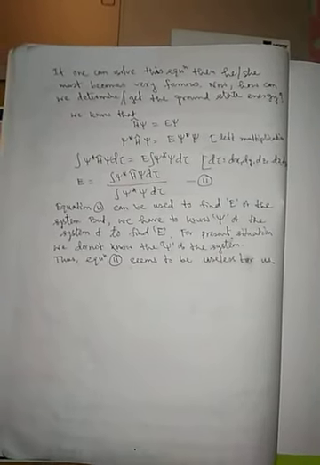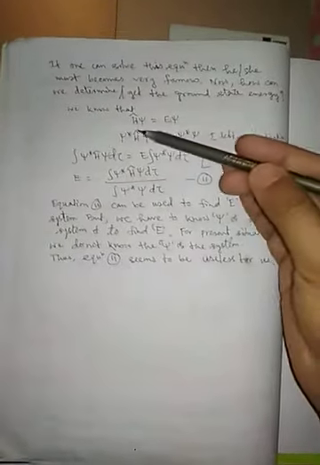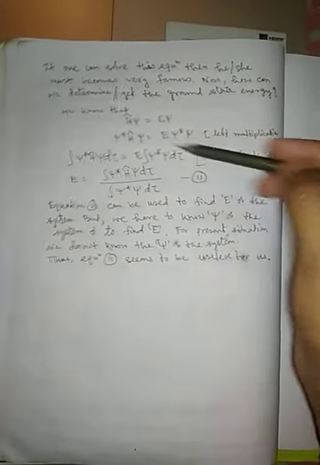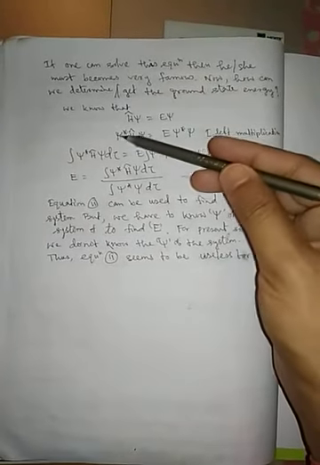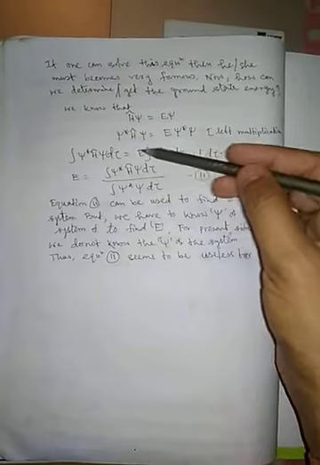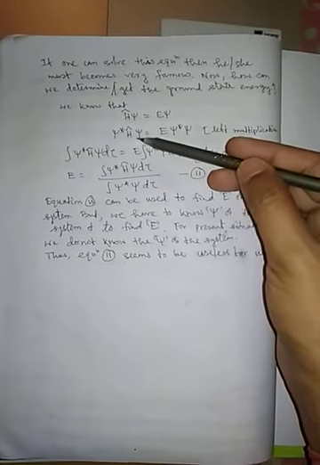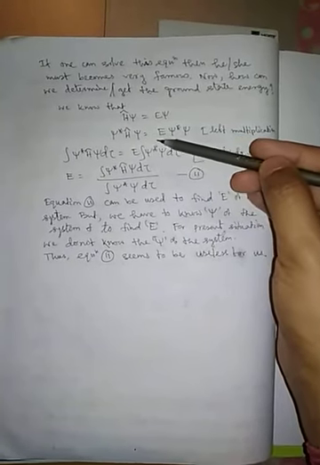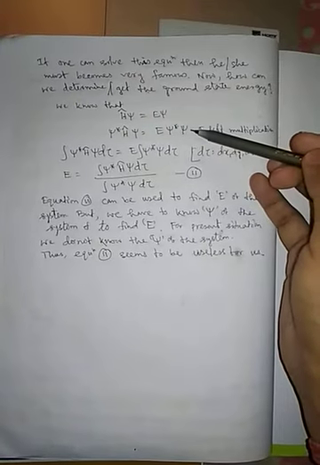Now the question is very clear: how could we get the ground state energy, or the energy of a system? That is the question we have to address. We know that H psi equals E psi. If I left multiply with psi star, this equation becomes psi star H psi equals E psi star psi.